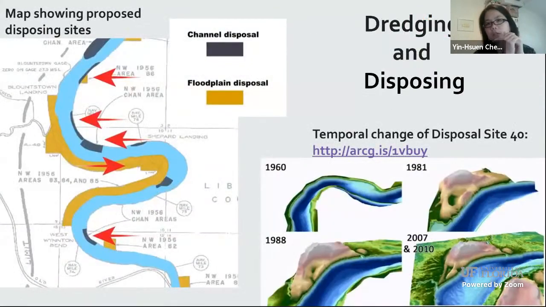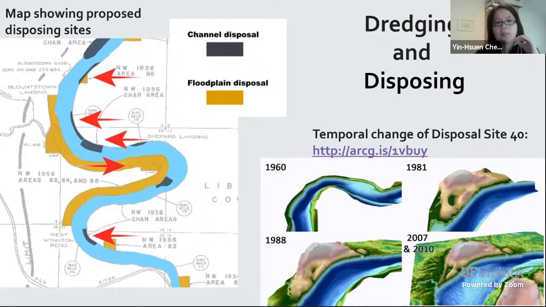Most of the dredged material, because you have to maintain a good depth for the cargo boats to get through, they wanted to keep the sediments still in the floodplain system.